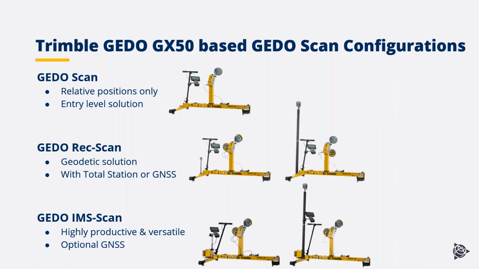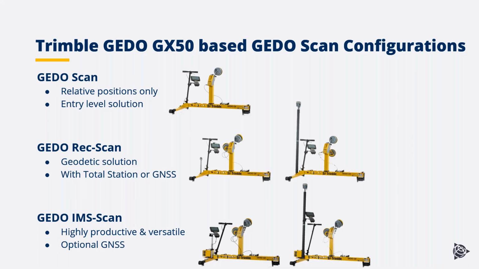That's an entry-level solution, but this is one way of a quick as-built to capture the track quality and the scan with a single scan head solution for relative positions. If you add a total station, which is the GEDO Rec and scan combination, then you have a geodetic solution.